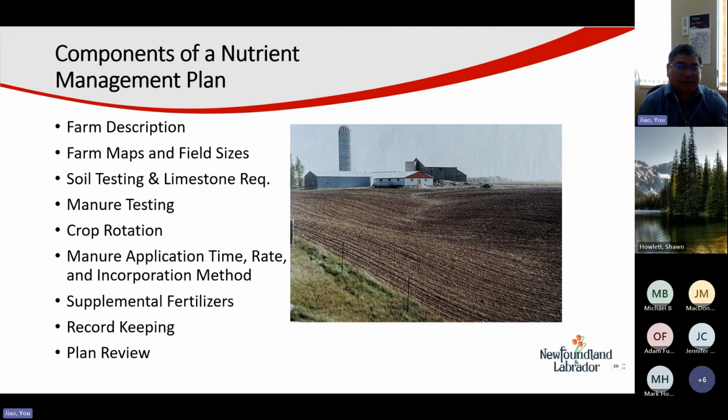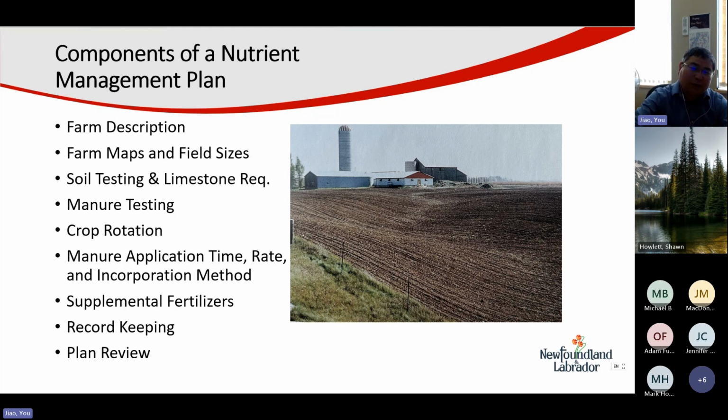The components of a nutrient management plan include the farm description, where my farm is located, how big my farm is, the farm maps and the field size, the soil testing and limestone requirement, manure testing, crop rotation, the manure application time, rate, and incorporation method, the supplemental fertilizers, and the record keeping plan review.